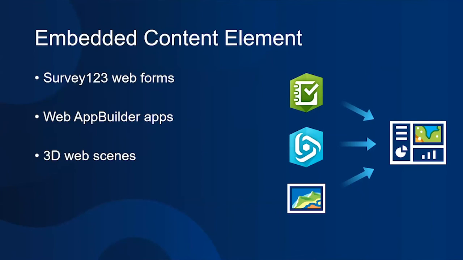We have the Web AppBuilder application, where we can create a web app using Web AppBuilder and embed it to the operations dashboard, which is something I encourage everyone to test, actually. The 3D web scene is very important also, where you can have 3D buildings, for example, a 3D city, 3D assets as a separate tab in your dashboard.